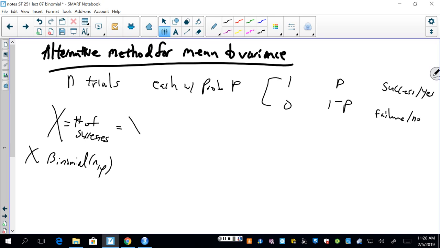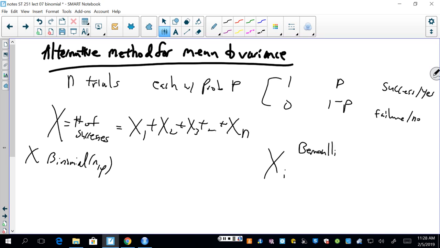So X equals x1 plus x2 plus x3, up to xn, where xi is what is called a Bernoulli random variable with parameter p. It takes a value of 1 or 0 with probability p and 1 minus p. And they're all independent. These xi's are independent of one another.